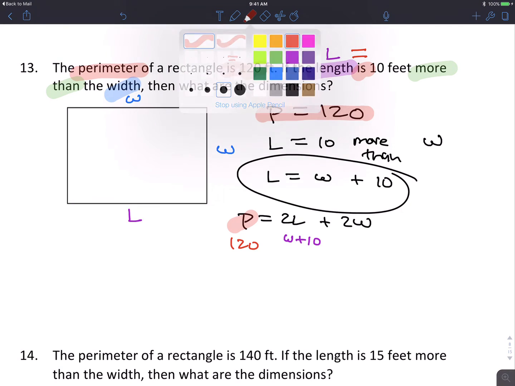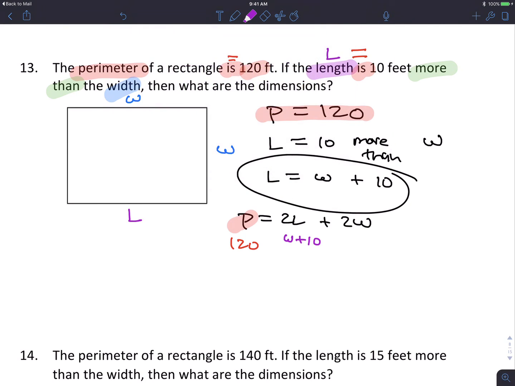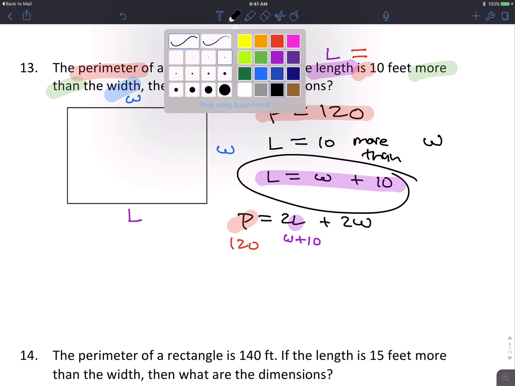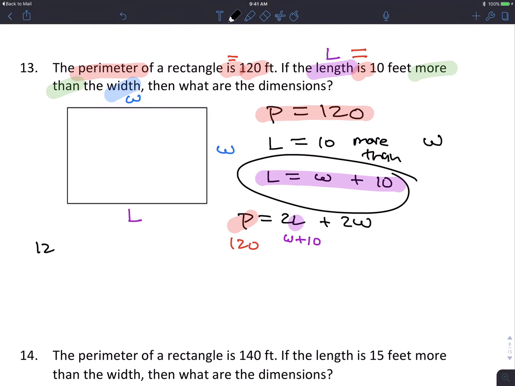We know that because we just read it. L is W plus 10 here, and that's why we put in this L being W plus 10. We get an algebra equation that says 120 equals 2 times W plus 10, plus 2W.